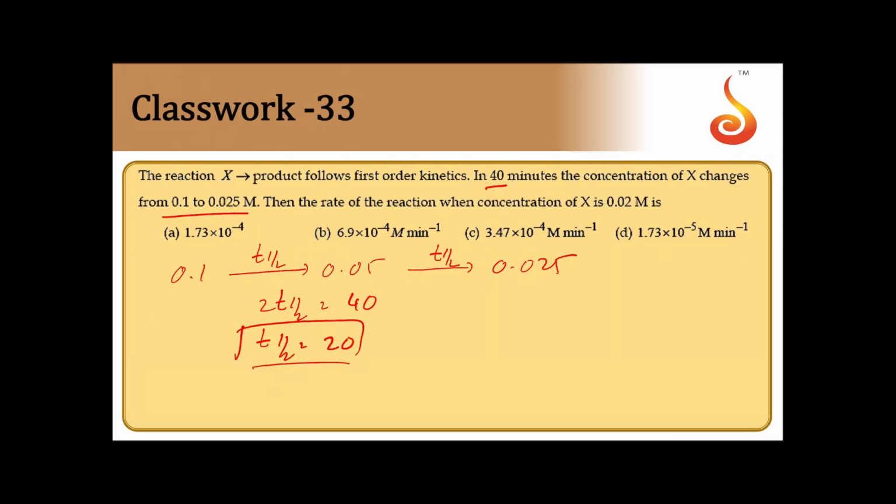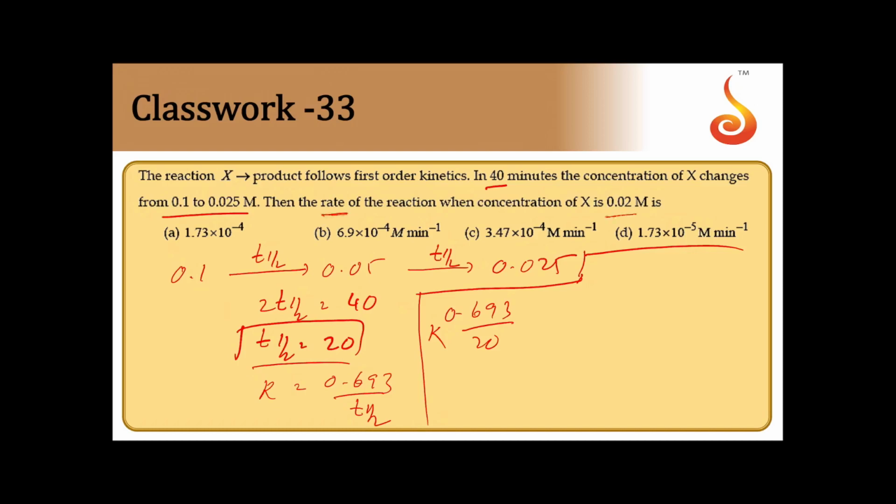So half-life is known to us. From half-life we can find out the value of k. k will be equal to 0.693 by half-life, which is 0.693 by 20. Now we need to find the rate of reaction when concentration is 0.02.